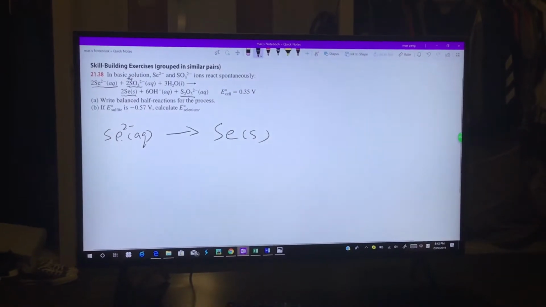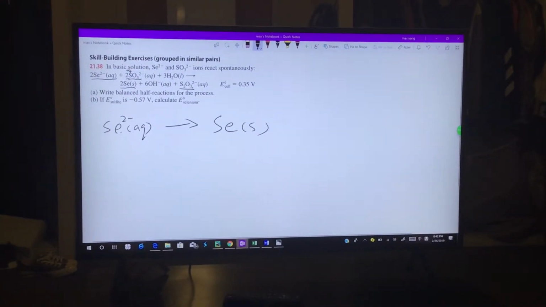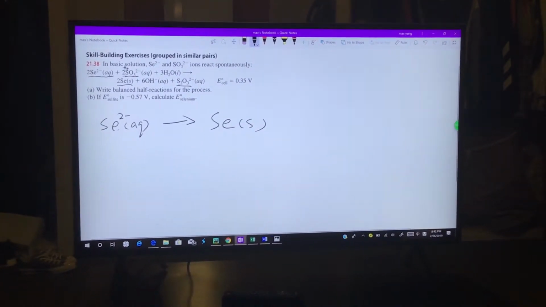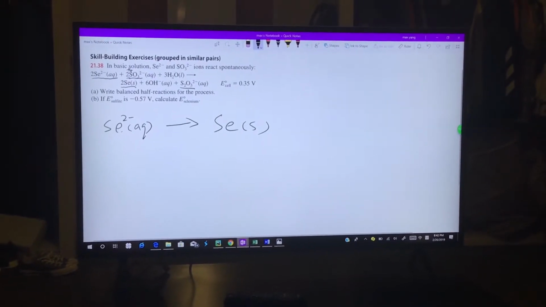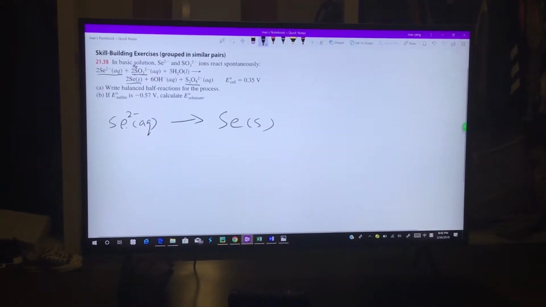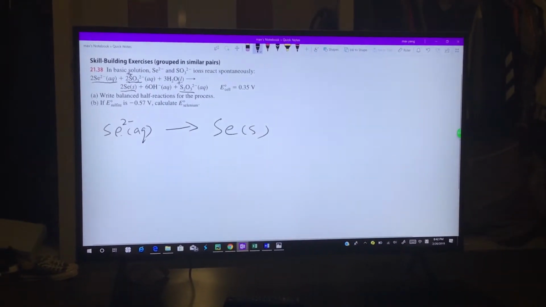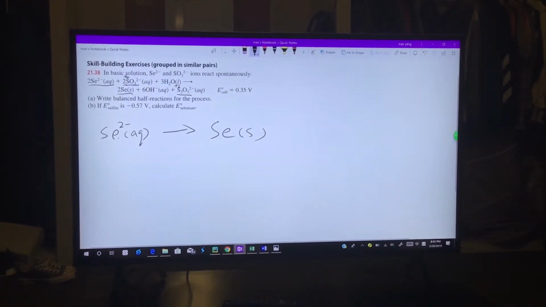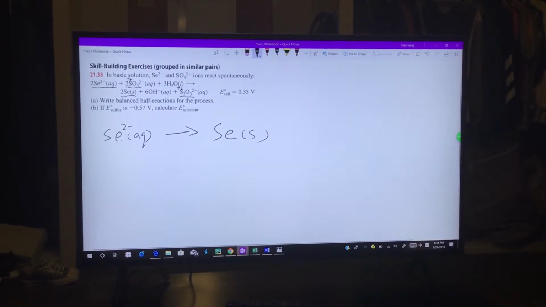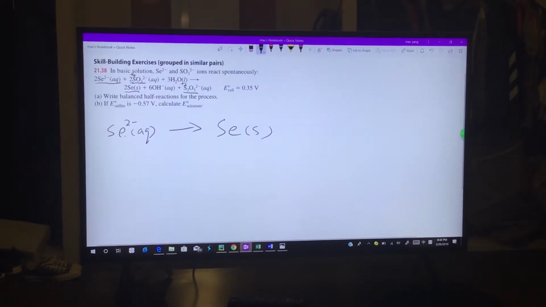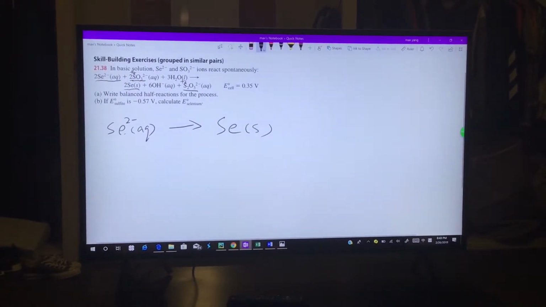Here it's 2 sulfur and 3 oxygens. The oxygens remain the same, which is -6, but the sulfur has 2, which means they only have +2 per sulfur, meaning that they gain 2 electrons. So this is a reduction reaction.